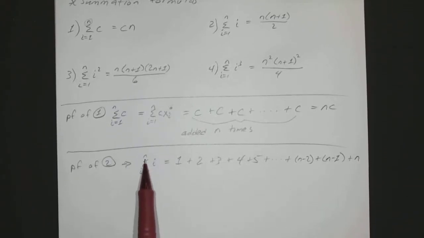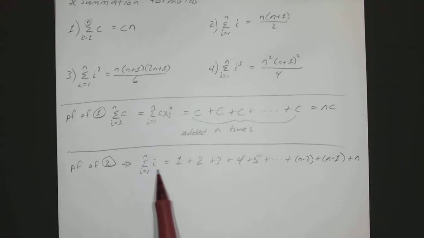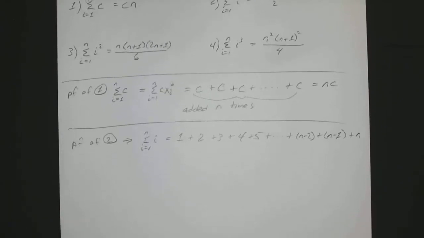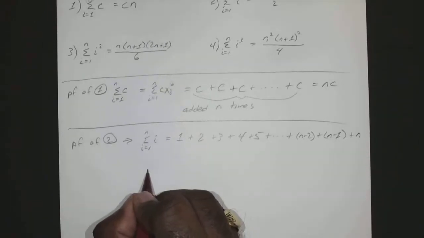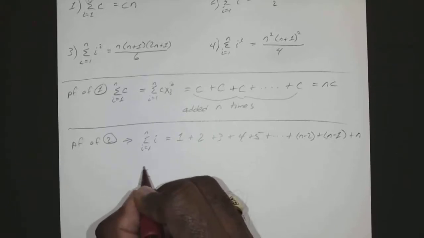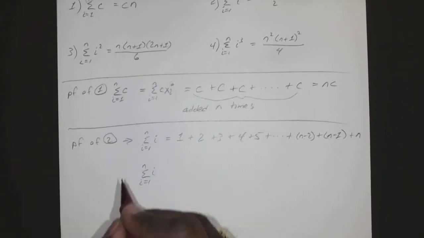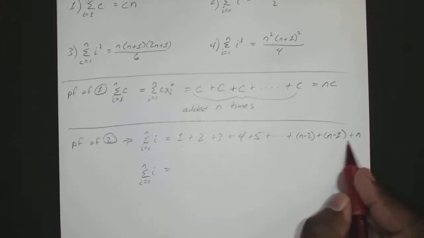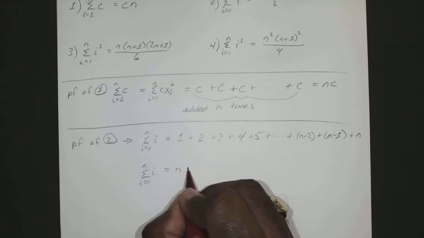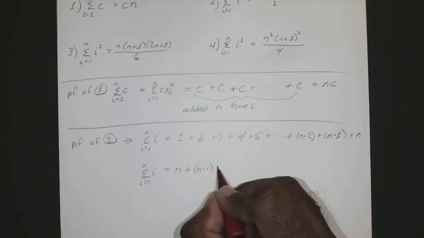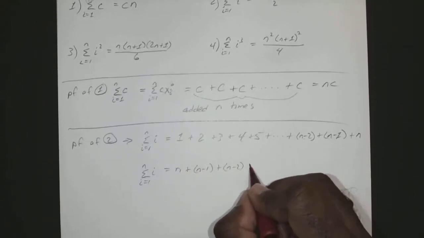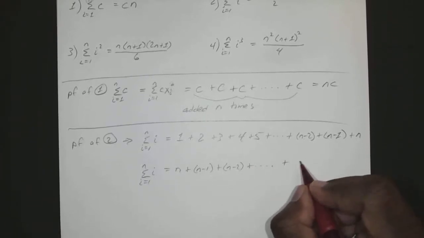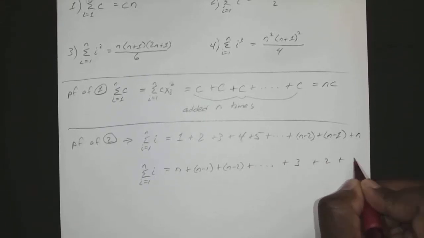So if this would have been 12, we would have started from 1, 2, 3, and all the way to 10, 11, then 12. Okay. So what if we do the exact same thing, i equals 1 to n of i, but we just flip it. So instead of starting at 1, we just go from n to n minus 1, n minus 2, all the way to 3, 2, and 1.